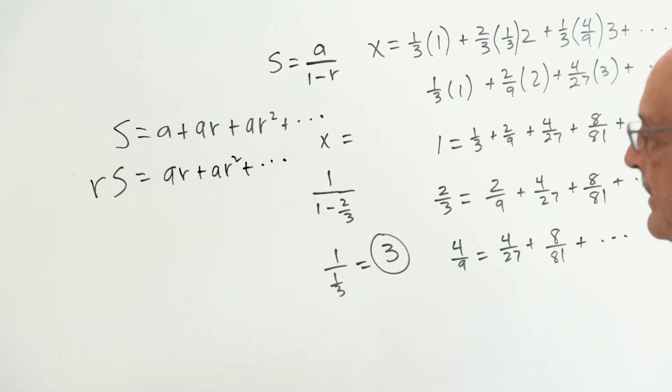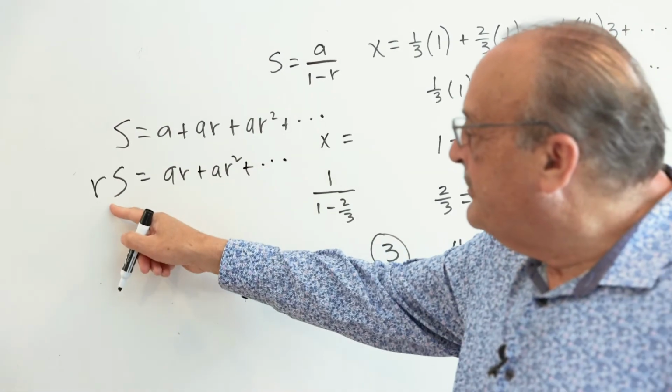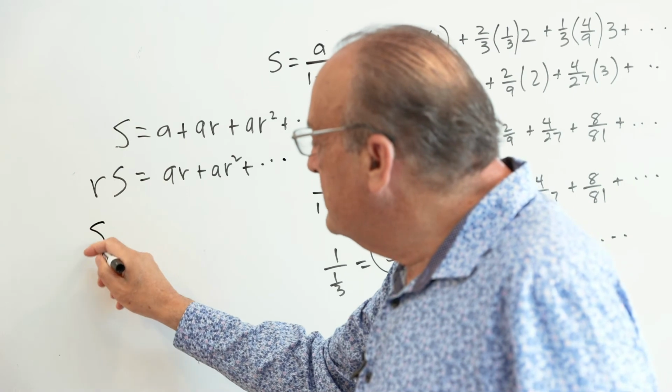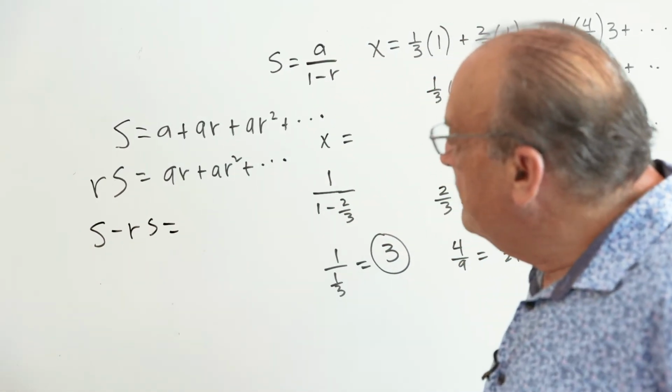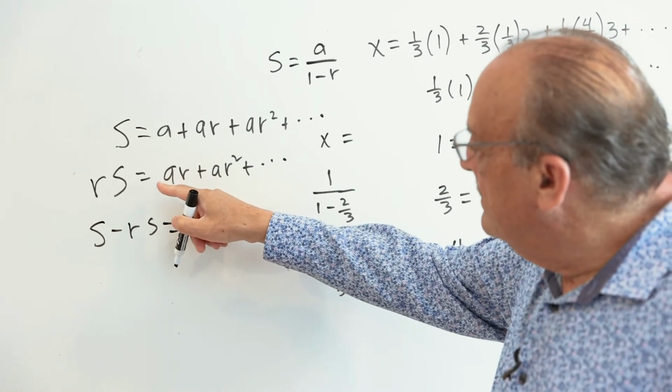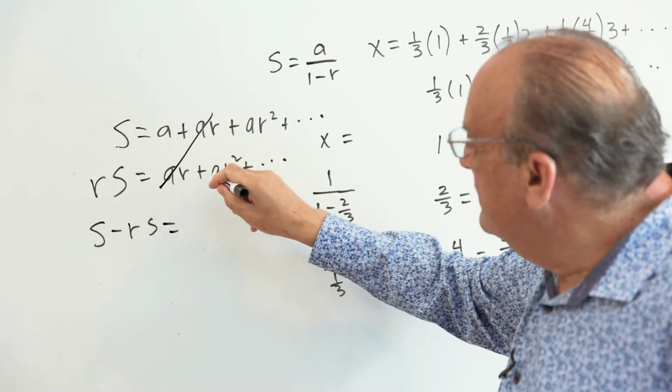Now, if I subtract RS from S, I get S minus RS equals, and I'm going to be subtracting by canceling.